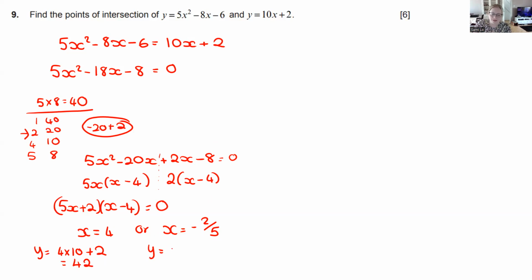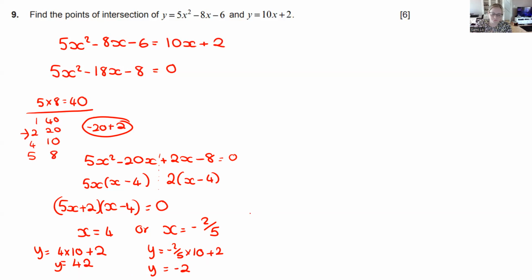You do have a calculator though, if you are feeling a little bit unmathsy that day. I don't think that's a word, but we'll go with it. So minus 2/5, or 1/5 of 10 is 2, times by, so that's minus 4. So it should give you y is minus 2 for that part.